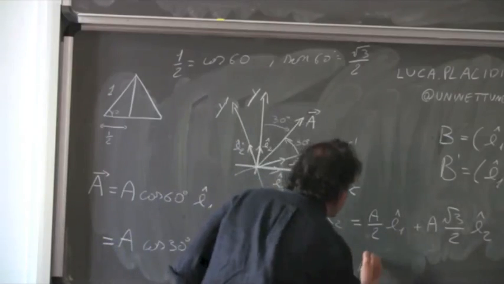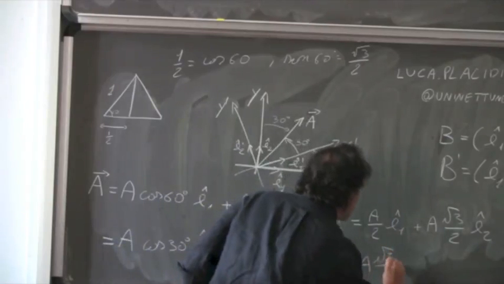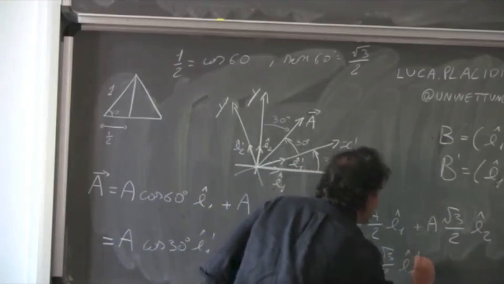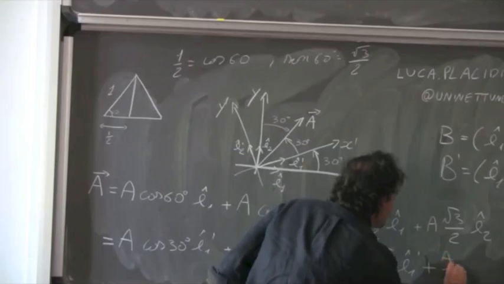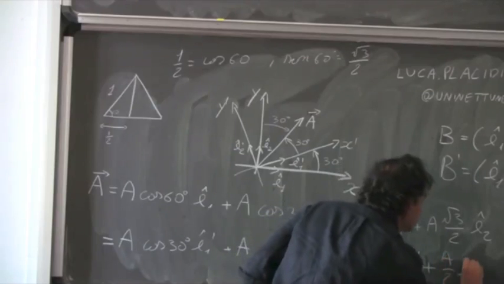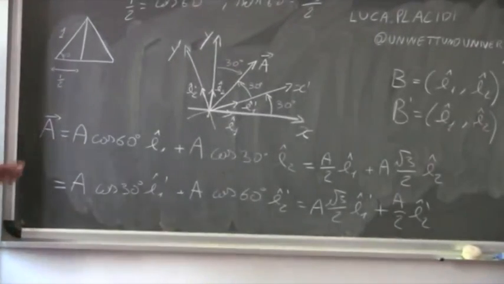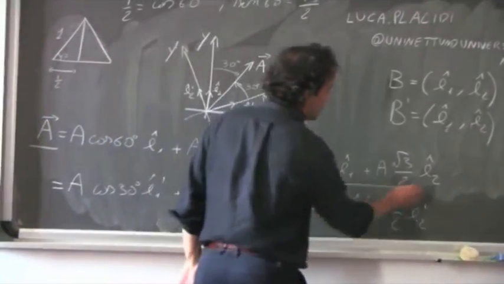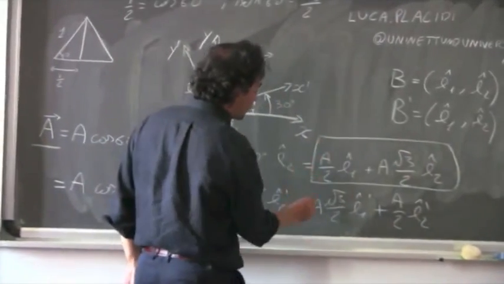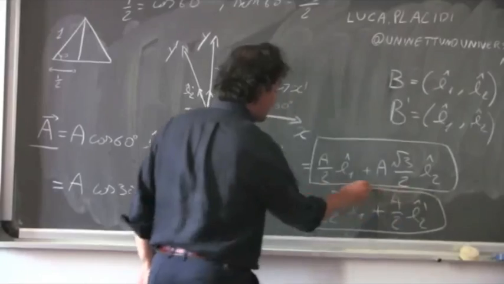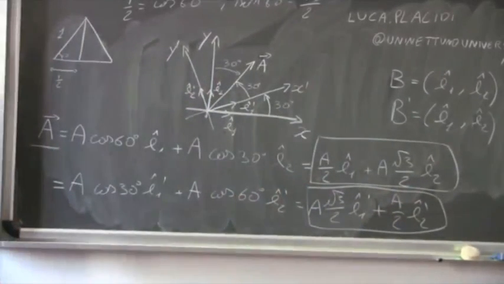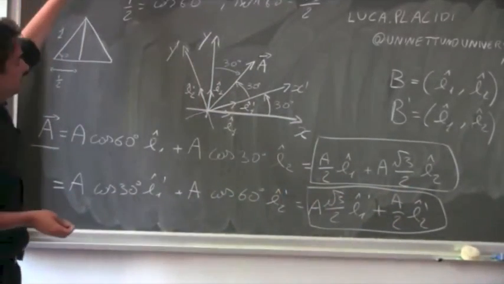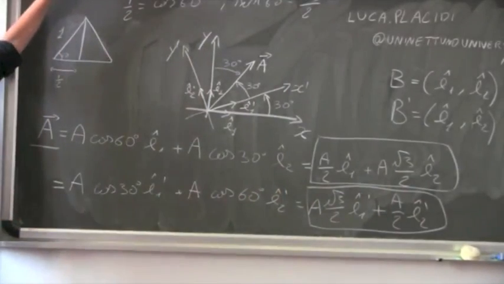That means that here we have this identity. This is a vector, this is equal to this, but also equal to this. You understand? Yes.